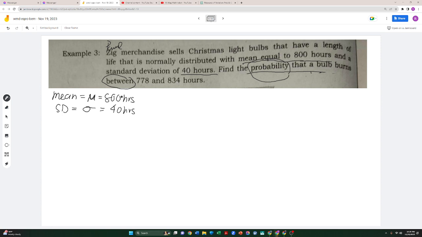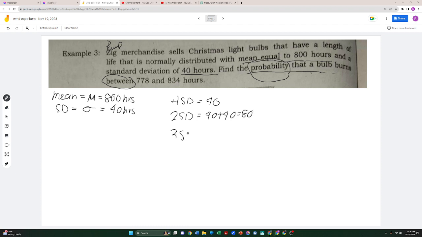The standard deviation tells how long the bulb lasts. One standard deviation is equivalent to 40 hours. Two SD is 40 plus 40, which is 80 hours.